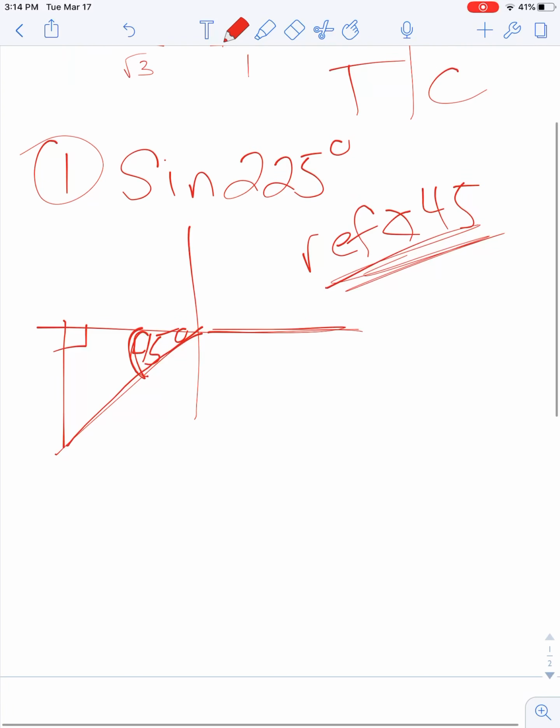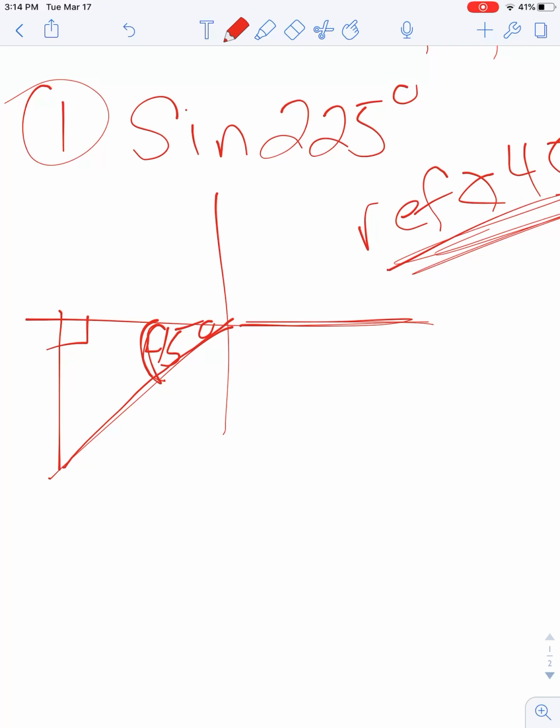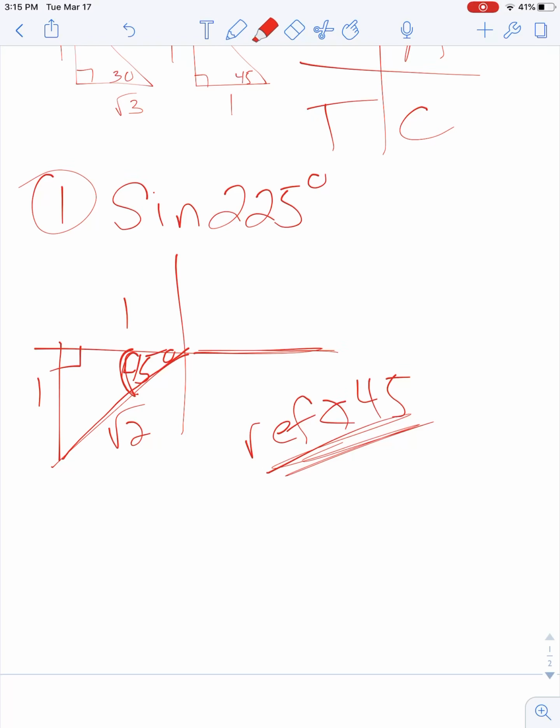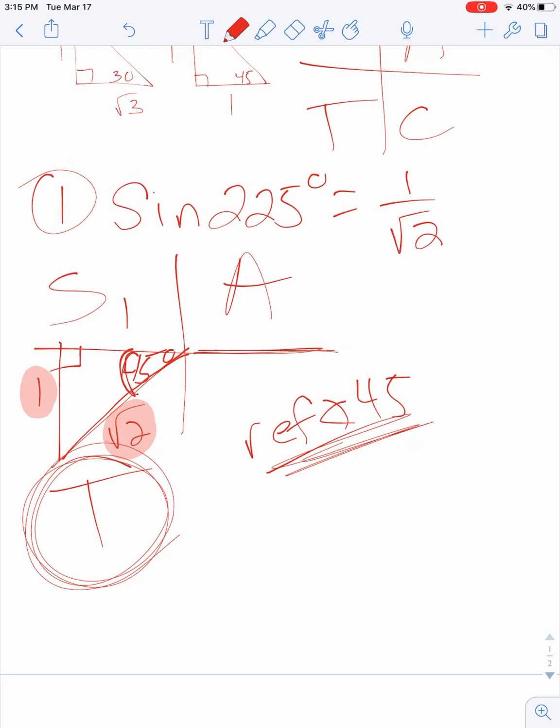So now I say, okay, it's a 45, 45 triangle. I'm going to use my template. 1, 1, root 2. So the sine of 225, sine is opposite over hypotenuse. So opposite of the reference angle is 1, and the hypotenuse is root 2. So this is going to be 1 over root 2. And when I think all students take calculus, only tangent and cotangent are positive in that quadrant.